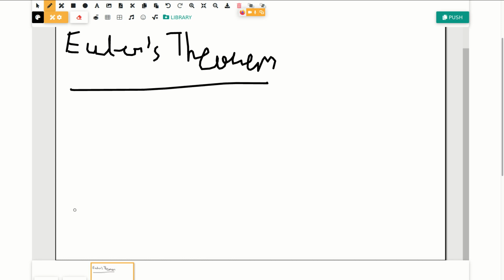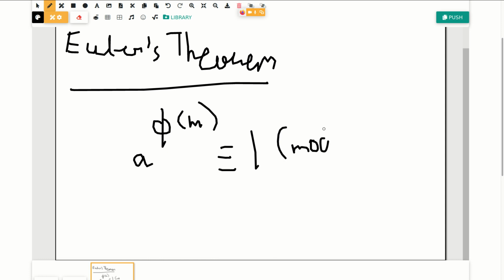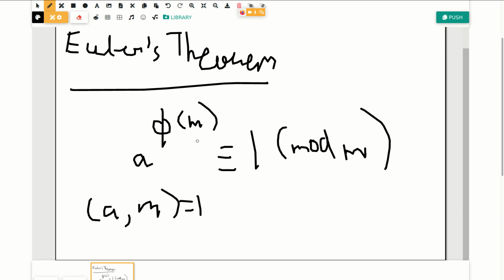Euler's theorem says that a to the power phi of m is equal to 1 modulo m, if a and m are co-prime, of course. This is true for any modulo m, not just primes.